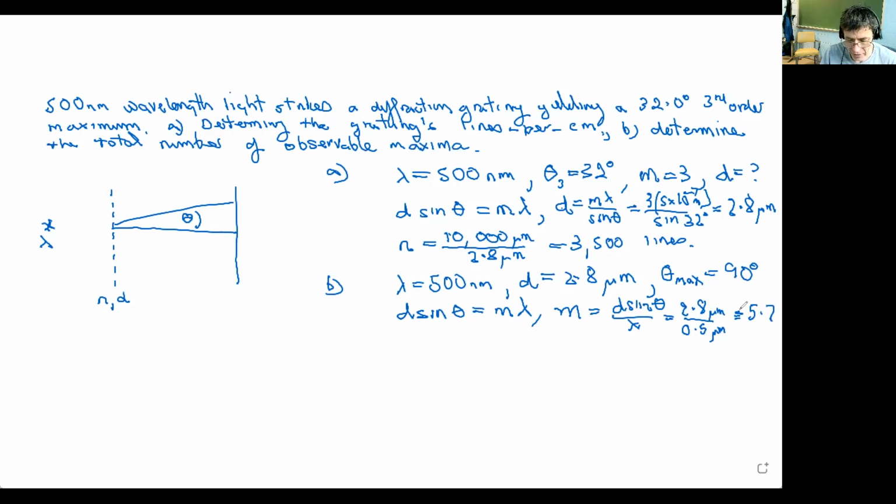Now, m is an integer. It can't be 5.7. So what it's actually telling me is that before we get to 90 degrees, before we get to this value of 5.7, I've been able to see on the screen the central maximum, that's with m equals 0, the first order maximum, plus or minus 1 for m, second order maximum, plus or minus 2, third order, fourth order, fifth order maximum, that's plus or minus 3, plus or minus 4, plus or minus 5.